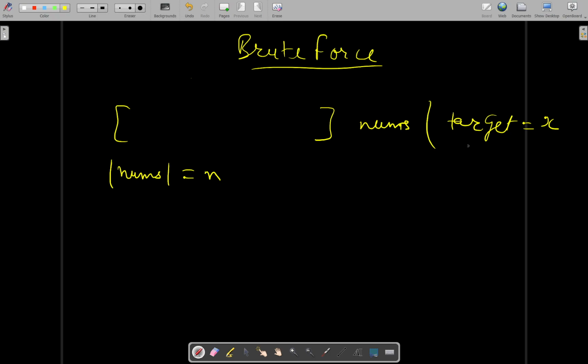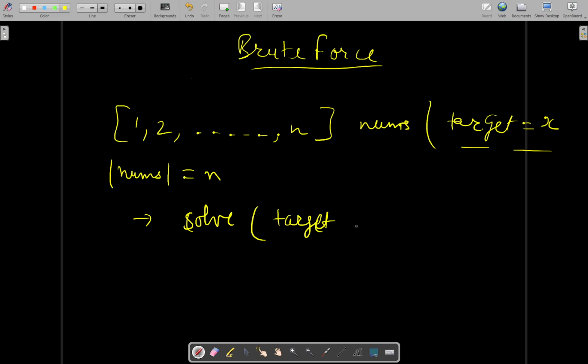In the brute force approach, what you will do is make recursive calls to a function, let's say solve, which takes the target and nums.